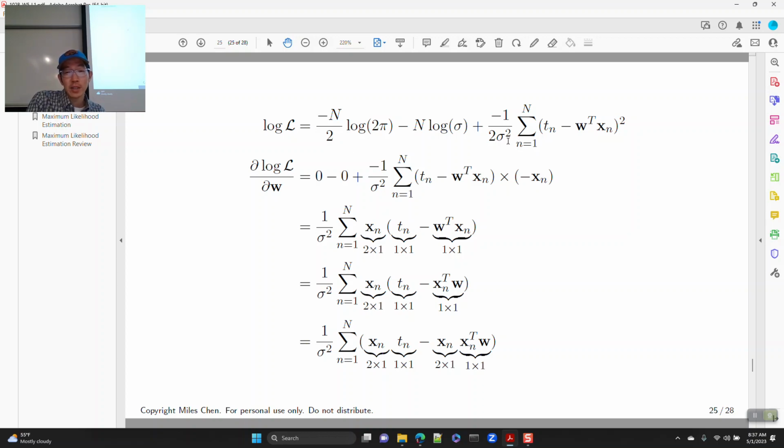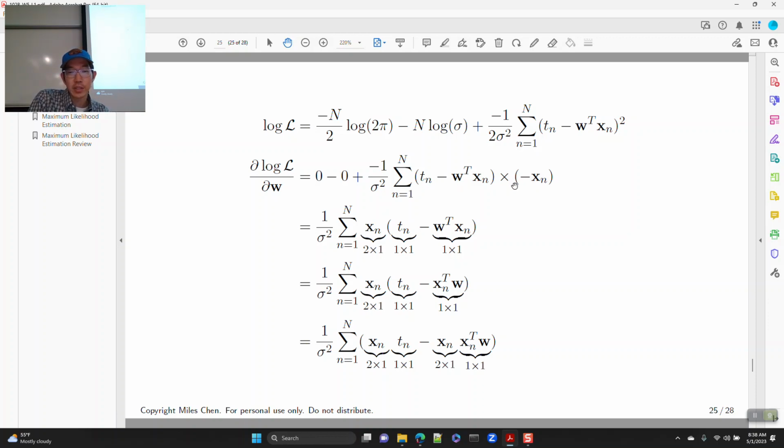Okay, and then we have a little bit of vector derivatives to deal with, and so the squared term cancels out with the 1 over 2 here, and then I have t minus this, and with the chain rule, we're going to multiply by negative x sub n here. Okay, and we can check our dimensions for each of these things.